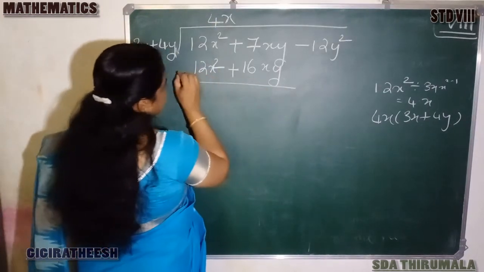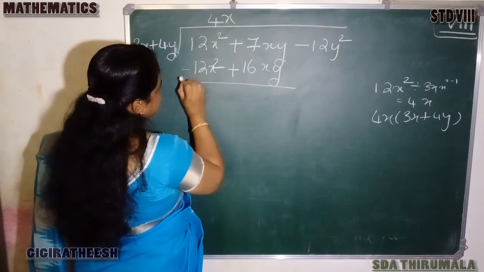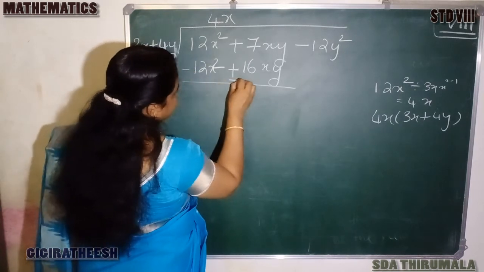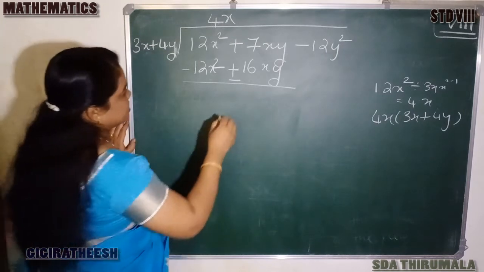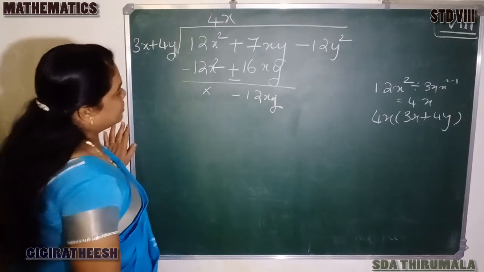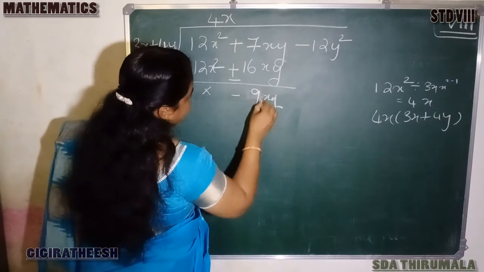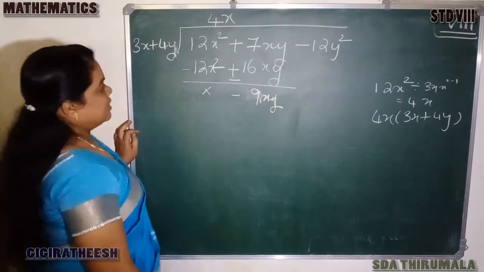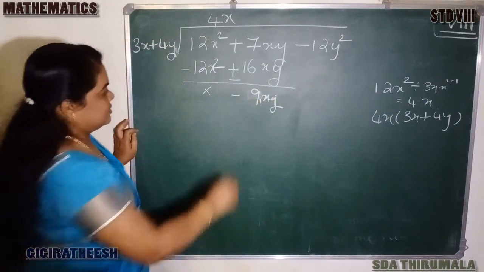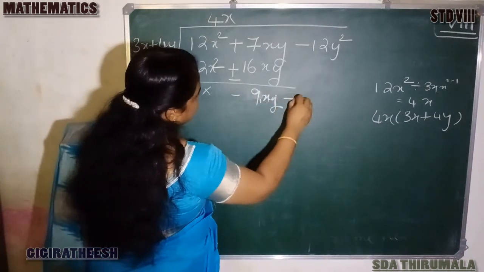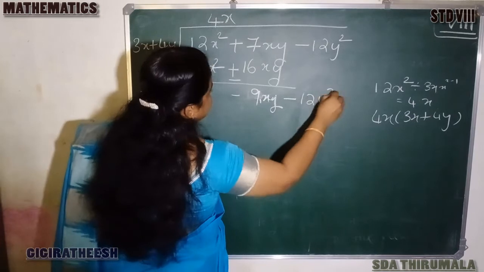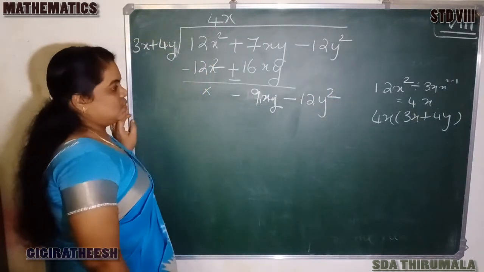And then subtracting, the sign changes to minus, and here it again changes, that is this is 0, and here it is equal to minus 9xy, and then put down this 12y square, minus 9xy minus 12y square.